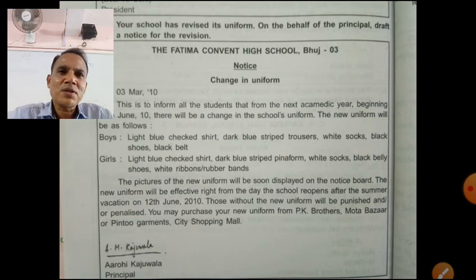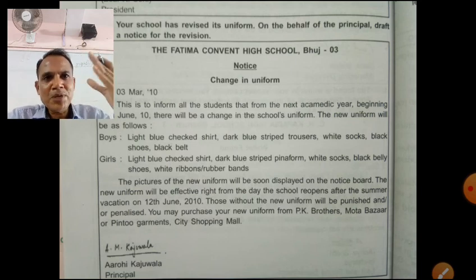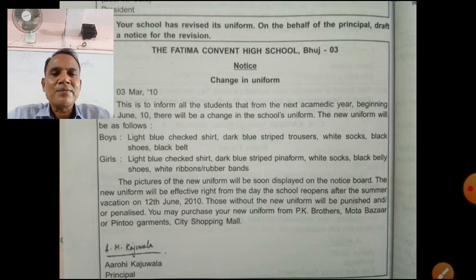If you do not follow the implementation on the given time, what's the penalty? Fine, we call it. Reason for the change, why the school wants to change the uniform, why the school institution wants to change the fee structure. You have to give a proper reason in your notice, and many more detailed information you can add.